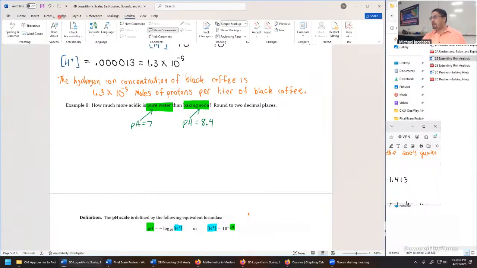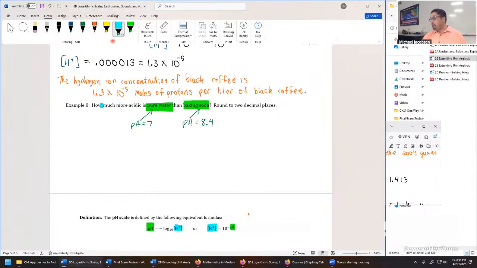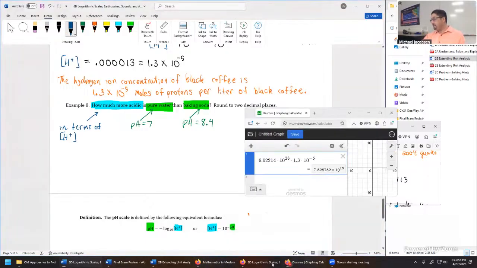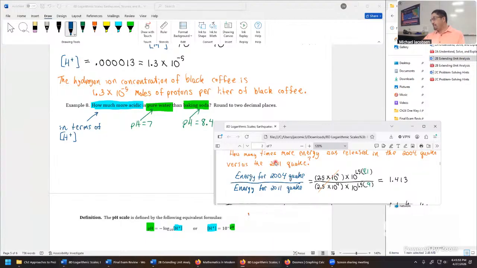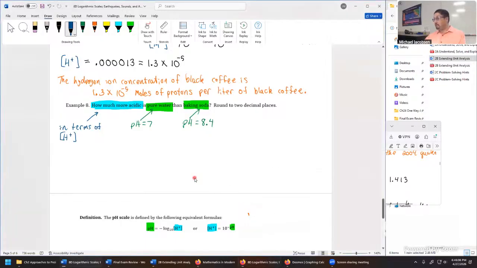So this is a tricky question, especially with the wording. When it's asking how much more acidic, we're talking in terms of H plus specifically. Much like, once again, analogies are always pretty helpful. We were asking how many times more energy was released in one quake or another. We were saying in terms of the magnitude, but also the energy released at the same time.